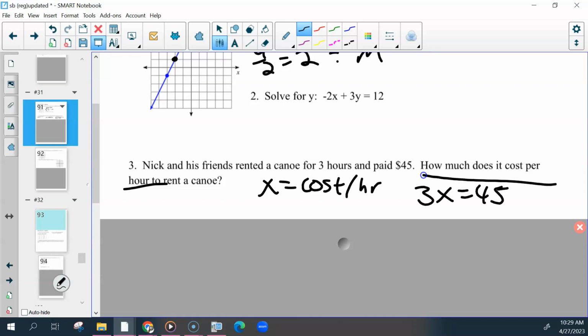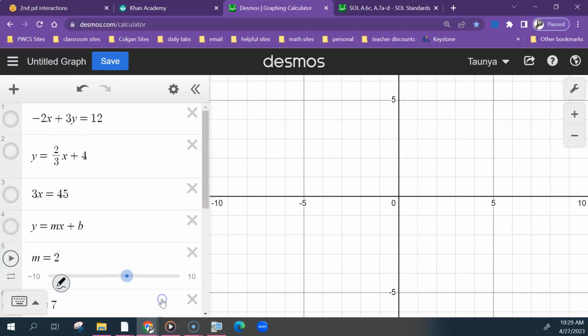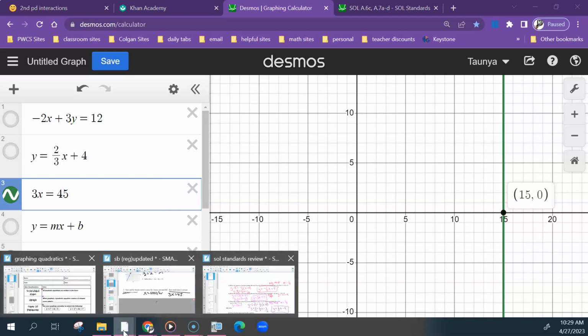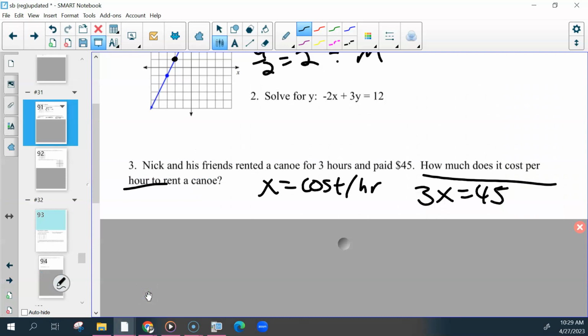And either solve it by dividing, or if you wanted to double check yourself in Desmos, you could put that in and zoom out, and it would give you the answer of 15 either way. And then make sure that's $15 since we're looking for cost. Questions on 1 through 3?